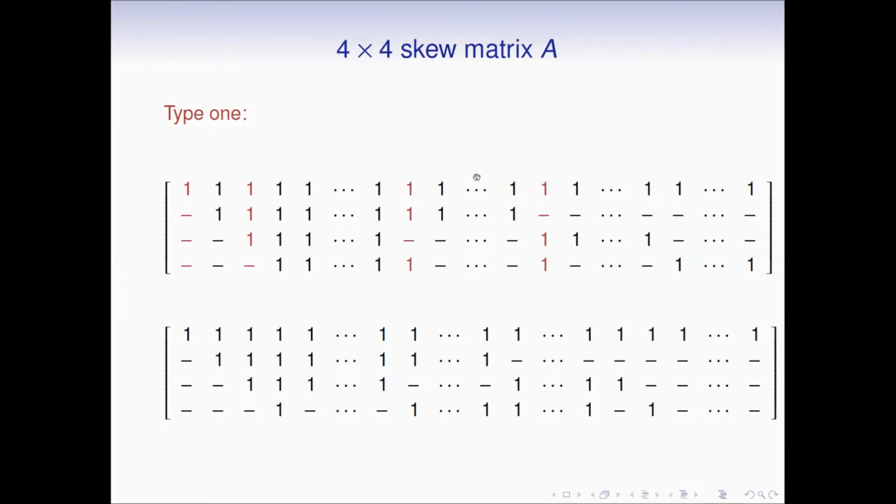It is of type 1. And if we look at these 4 columns, column 1, column 3, and this column shown in red, these 4 columns are of type 1.